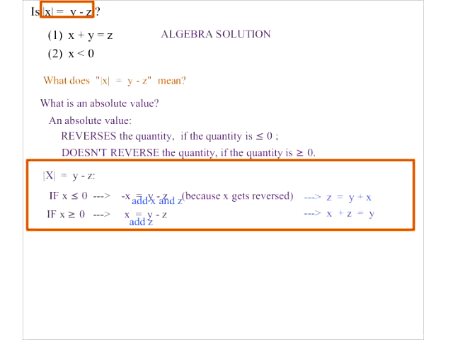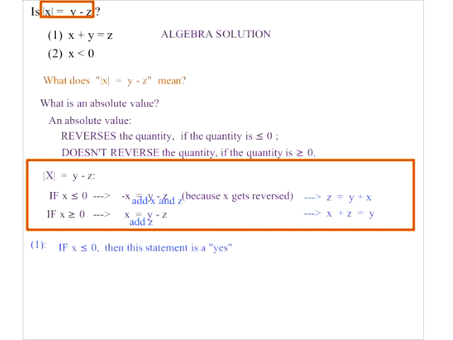So notice that this looks like statement 1, but only in one of these two cases. If you look at statement 1, if you have this case where x is less than or equal to 0, then statement 1 will work. So if x is less than or equal to 0, then this statement is sufficient, or this statement is a yes.